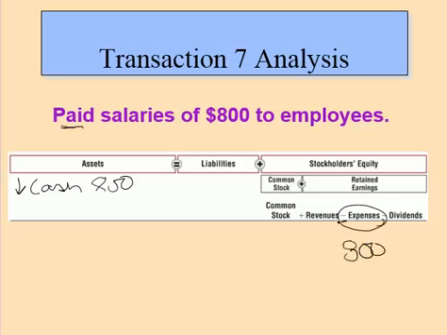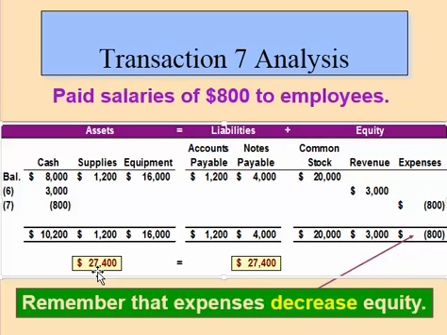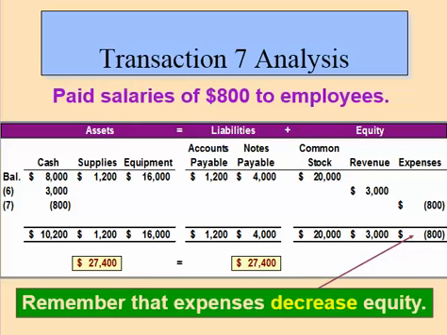However, expenses decrease my equity. So for my accounting equation, my equity is going to go down. Let's show you here. So my assets are now at $27,400, and you can see here my expenses decreased my equity. So my liabilities and equity side now goes to $27,400.